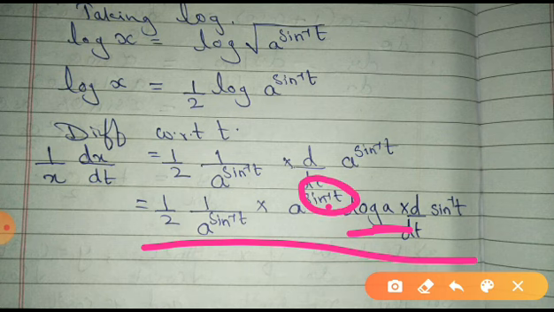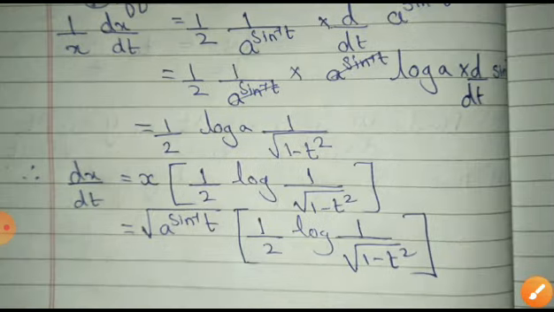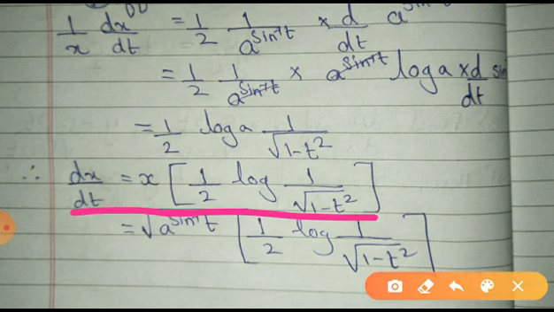So again, by chain rule, I have to multiply by its derivative. The derivative of sin inverse is 1 by root of 1 minus x square. Here it will be 1 by root of 1 minus t square. So this will be my dx by dt.